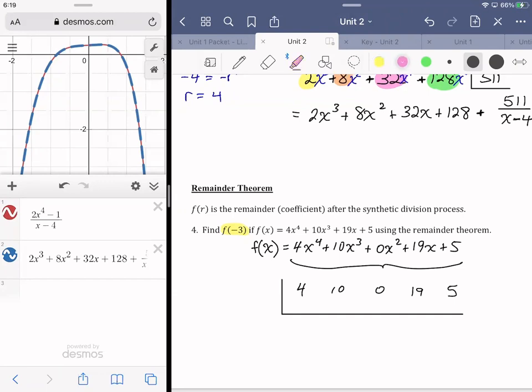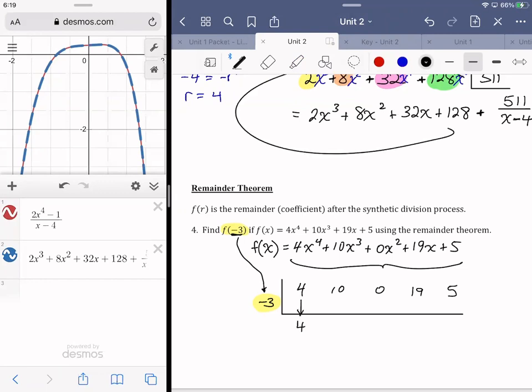All I would need to do is put that negative 3 on the outside of the synthetic division. So whatever is contained within the expression to be evaluated gets put on the outside. Then you run through synthetic division the same way we did up here.